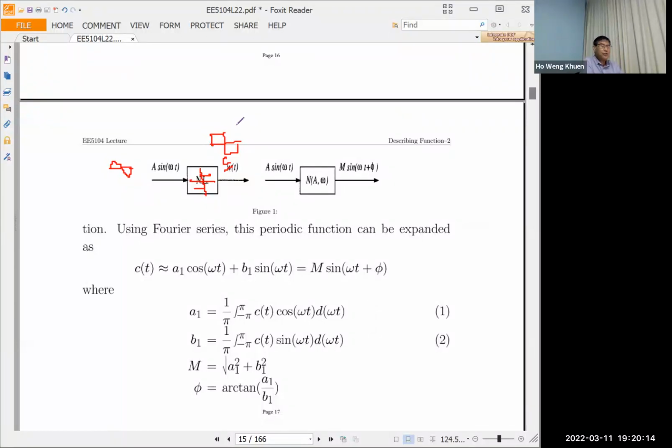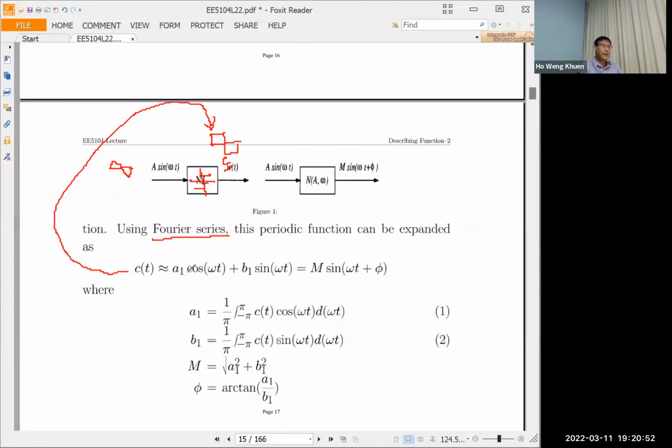In electrical engineering, the standard way to approximate a square wave as a sine wave is to use Fourier series. I can't teach Fourier series anymore. You all learn it in maths, year 1, year 2. So to approximate this square wave with a sine wave, you have this C, all right, which is the exact version, a square wave.